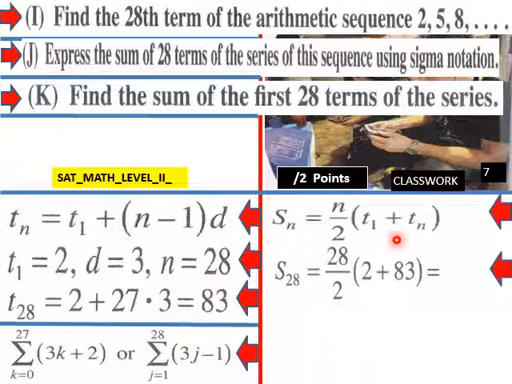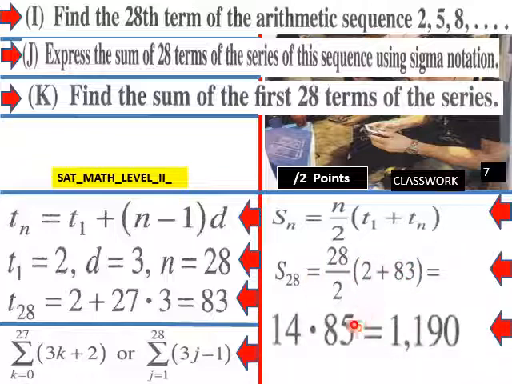So the sum of 28 would be 28 over 2 multiplied by 2, which is term 1, plus term n, which is 83, as we know from finding the 28th term. That would be 14 times 85, which equals 1190. That would be the sum up through the 28th term.